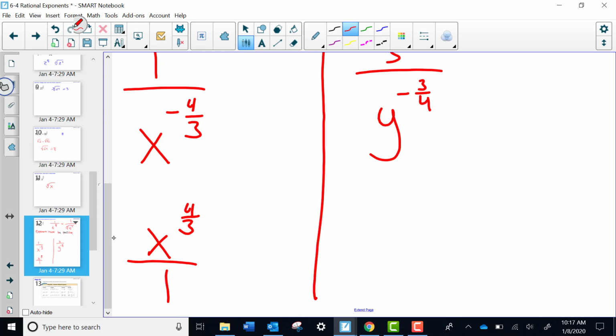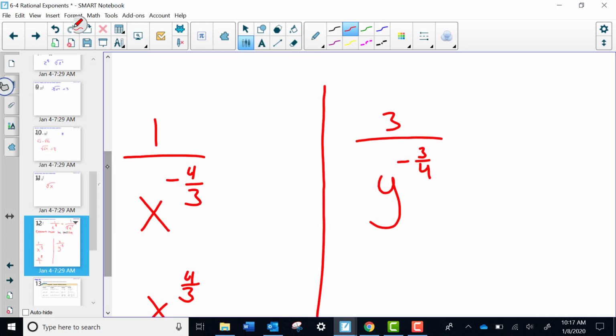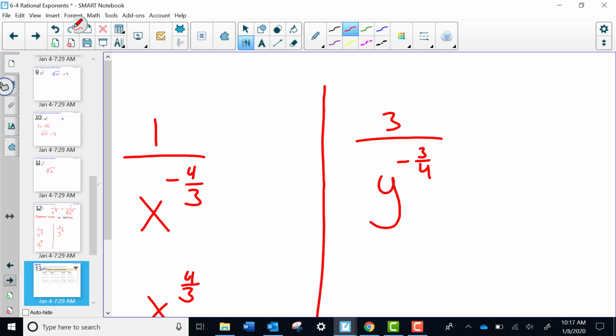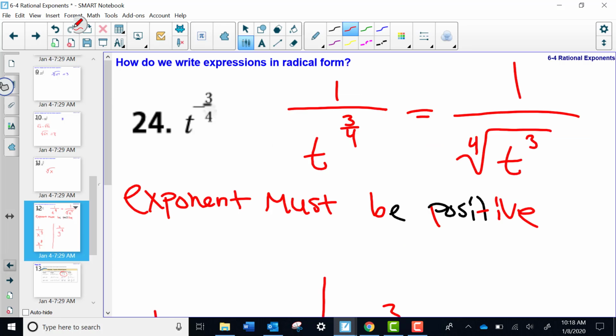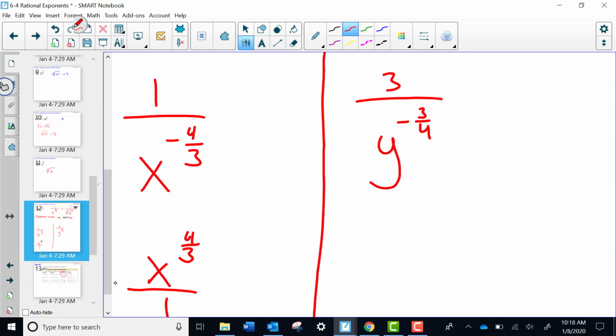And then you would just write it in radical form. You're allowed to just bring it up. Absolutely. It's one of your rules. If you don't remember the rules, you have to refresh yourself on these rules with negative exponents.